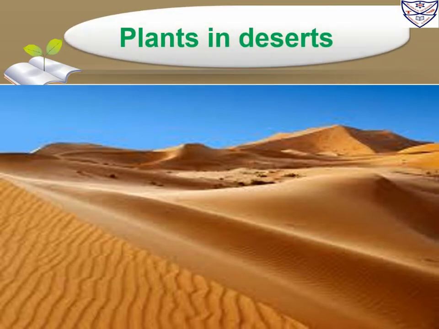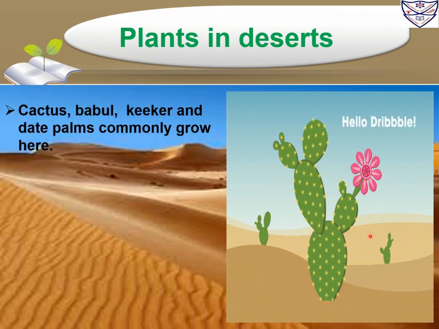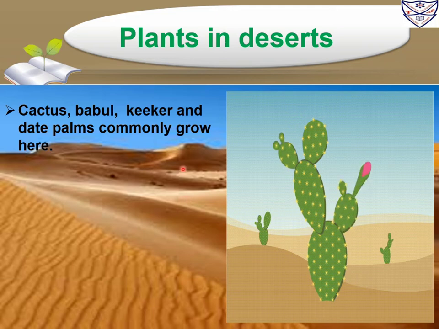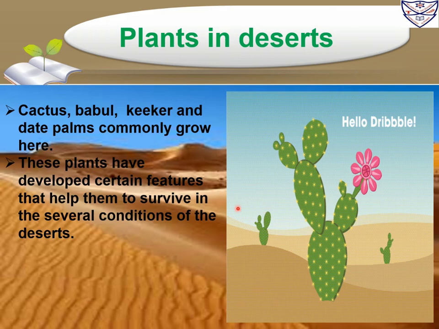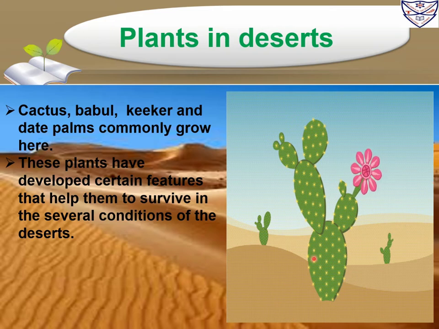Plants in deserts. Cactus, babul, geeker and date palm commonly grow here. These plants have developed certain features that help them to survive in the severe conditions of the desert. To save water, desert plants have the following features.